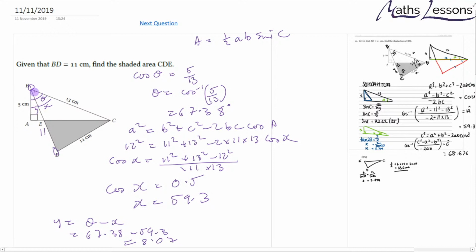So from that, I can now find this length here, BE. So BE, this side here. Now I've got 5 over BE will equal cos of y. So therefore, rearranging that, BE will equal 5 over cos of y.